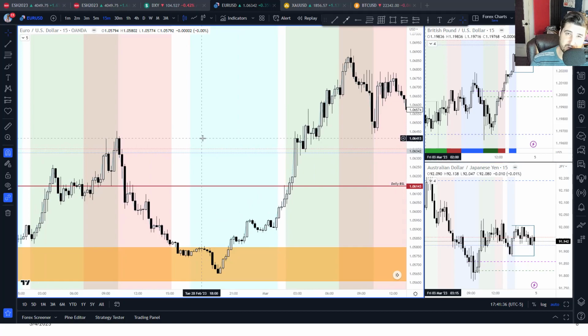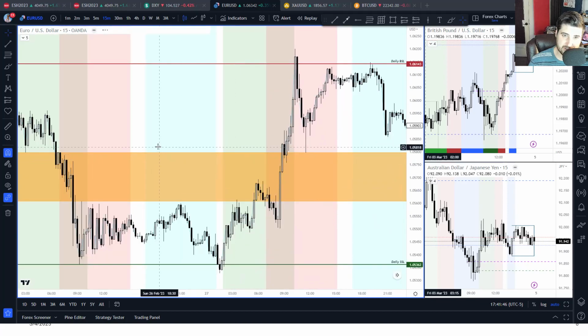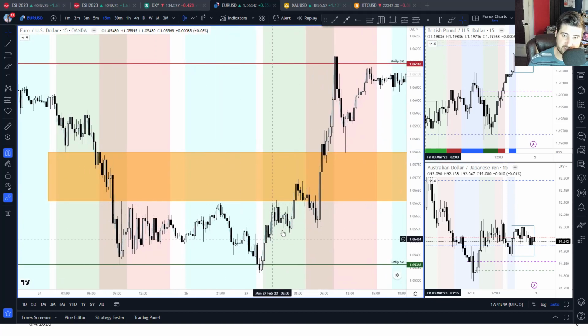Another key thing to know is the Asian session does not move too much. You can see the movement of price for this pair, the Euro dollar, doesn't really move much in the Asian session. Most of that movement is through London and New York. That is why I trade the New York session. I like to wake up early rather than stay up late to do the London session.